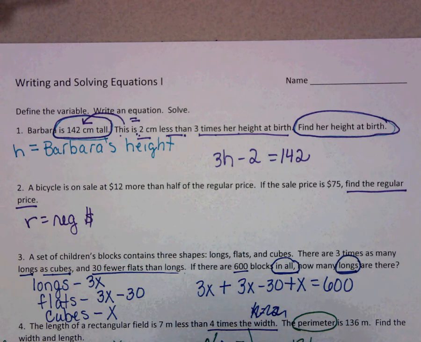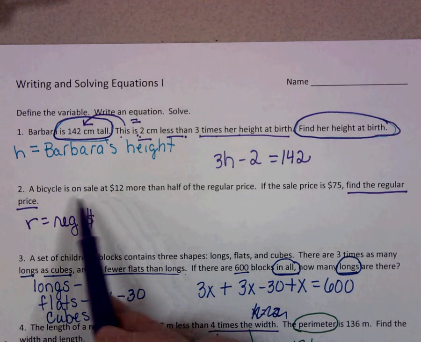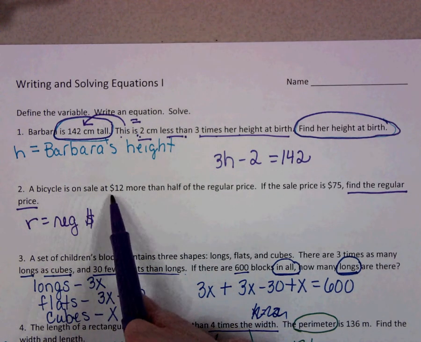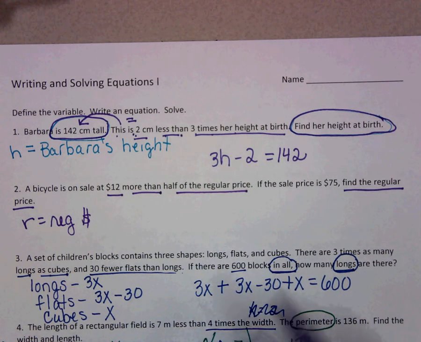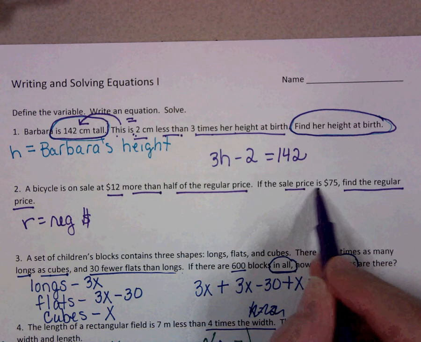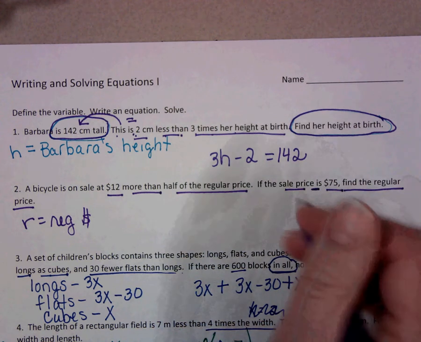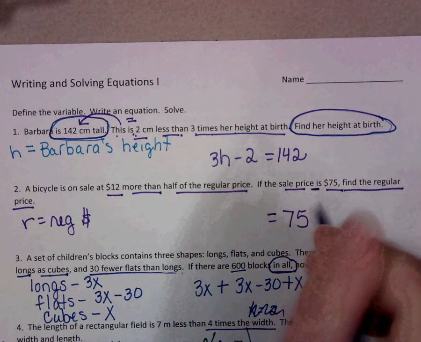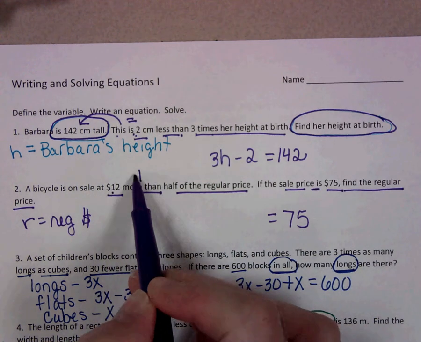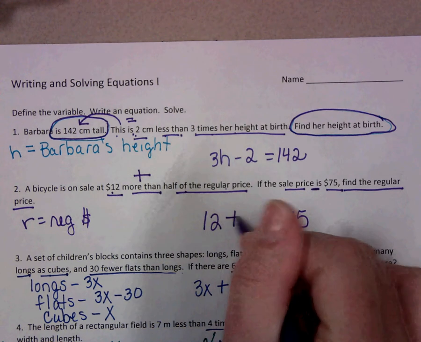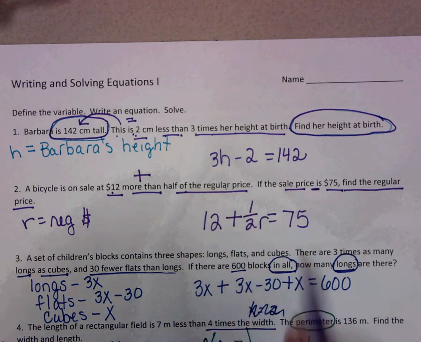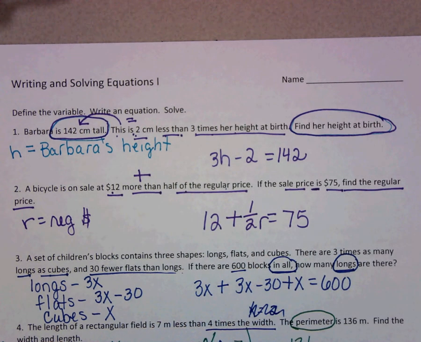Now it says a bicycle is on sale at 12 more than half the regular price, and it says that the sale price equals 75. 12 more than half the regular price: 12 plus 1/2 R. Straight translating right there. Word for word, picking out the words and translating.